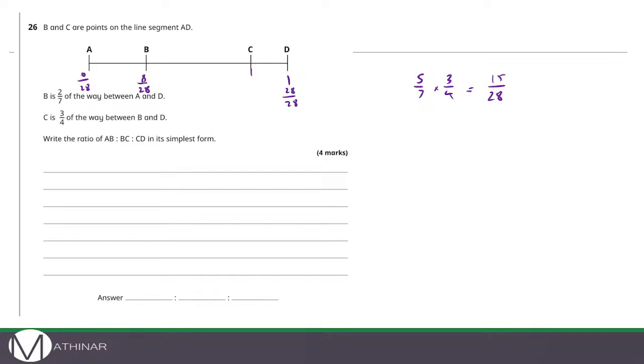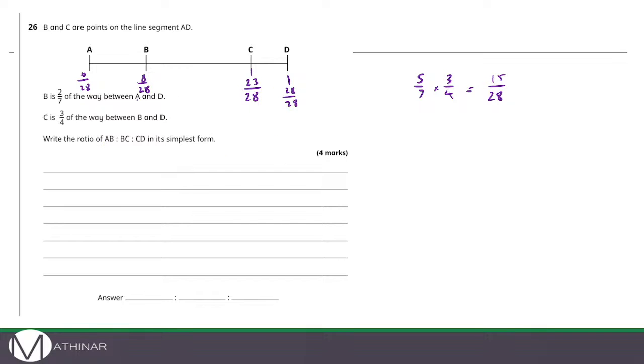So we add 15 out of 28 to that, and that would give us 23 out of 28. Now let's just double check that. There to there is 15 out of 28, and there to there is 5 out of 28. Yeah, so that works. So right, any questions on that?